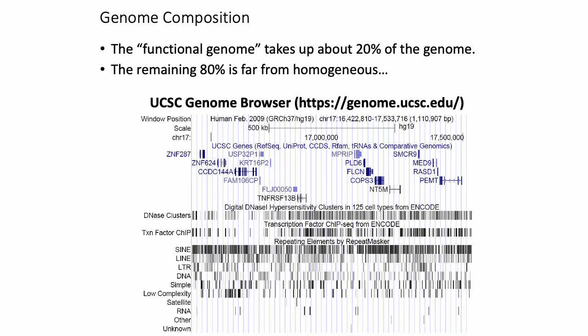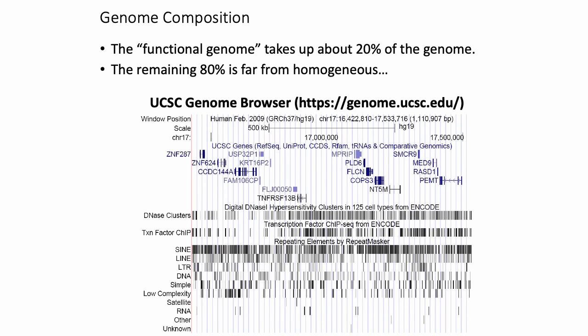What you're looking at here, and you'll see this kind of diagram in multiple lectures later, is what's called a UCSC genome browser track. The UCSC genome browser is a very frequently used tool in genomics for visualizing genome sequences as well as their annotations of different regulatory elements.